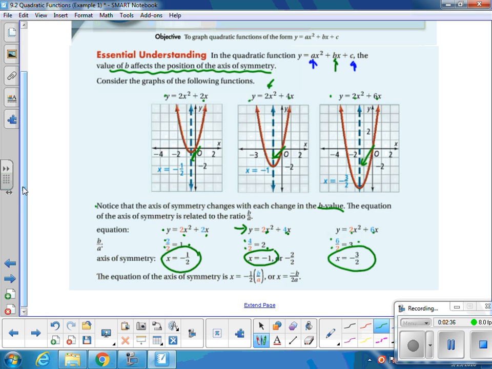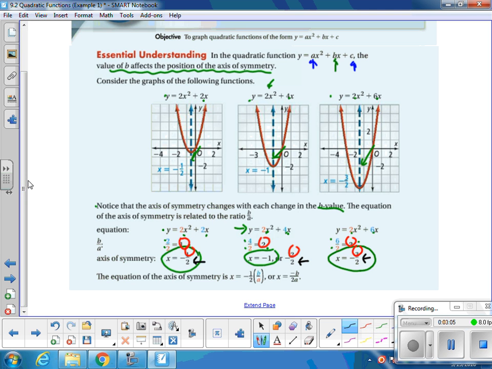And our axis of symmetry actually is at negative 3/2. And if you take a look here, we're noticing that there is a relationship playing out with the 1s and the 2s and the 3s. And then if you notice, the 2 playing out here is a 2 that is playing out even in our equation.